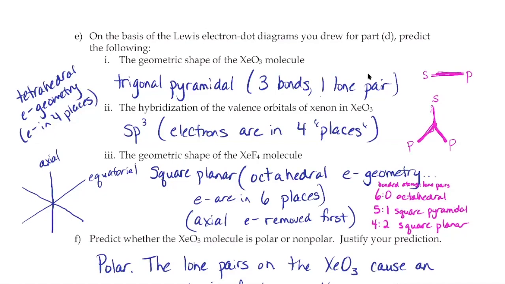So if electrons are in 4 places, tetrahedral electron geometry, it's sp3 hybridization. If your electrons are in 3 places, some kind of trigonal electron geometry, it would be sp2 hybridization. And if the electrons are in 2 places, sp.